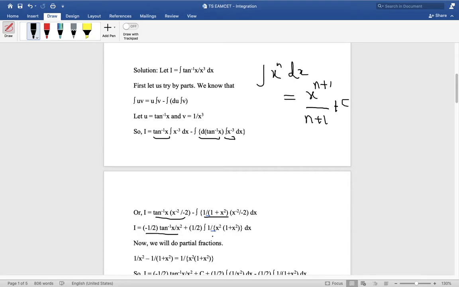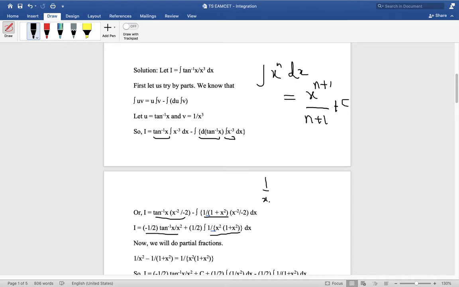Now I have x square into 1 plus x square in the denominator. This looks like a problem of partial fractions now, because I can easily write 1 by x square into 1 plus x square as 1 by x square minus 1 by 1 plus x square. How?